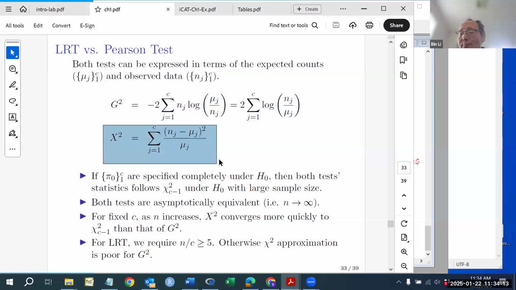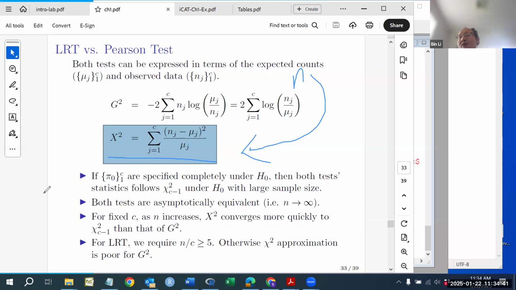In other words, for small sample size data, we prefer to use the Pearson's chi-square because the chi-square approximation using the Pearson's test gives us a better approximation, even though the sample size is small, compared to the likelihood ratio test.